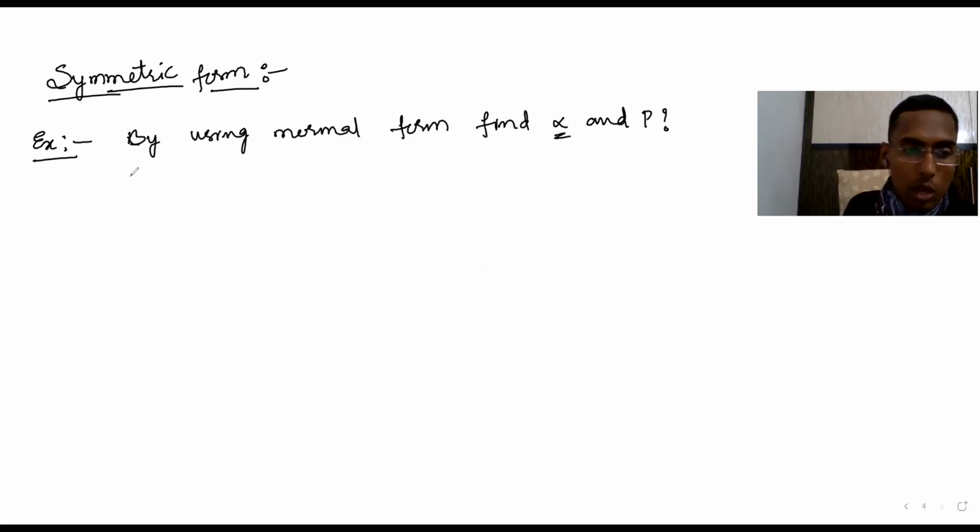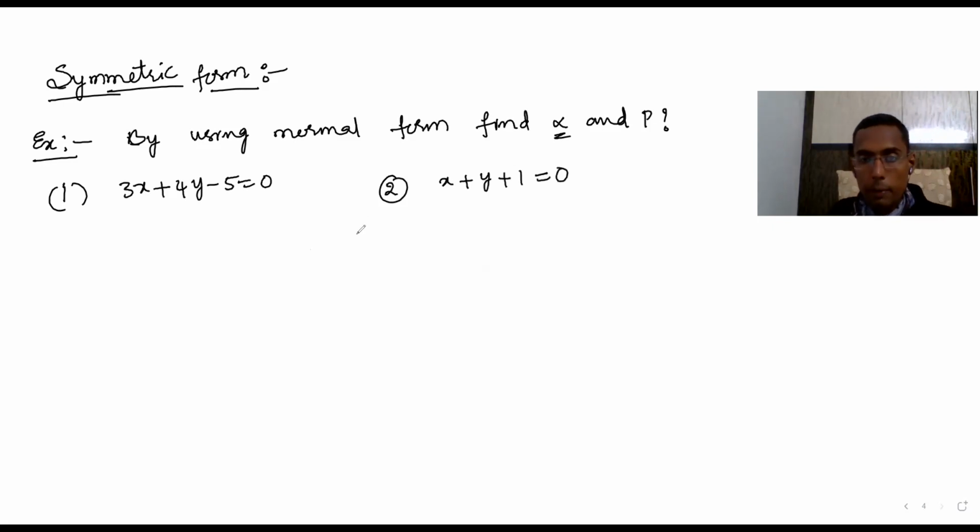You should find these by using the normal form. Question number 1: 3x plus 4y minus 5 equal to 0. Second question: x plus y plus 1 equal to 0. Let's take these two questions and see.